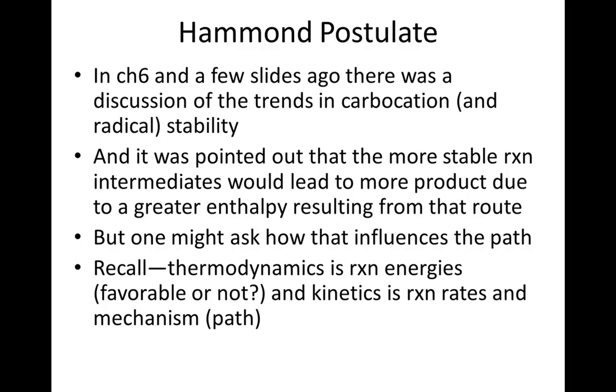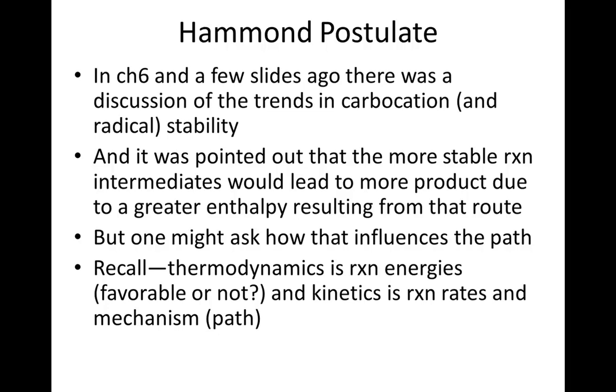I made the point that when you have more stable reaction intermediates, you're going to observe more product from that intermediate having formed. But it's logical to ask, what does that have to do with it? Because you have to make that carbocation or radical, how does that influence the path, before you even get there?